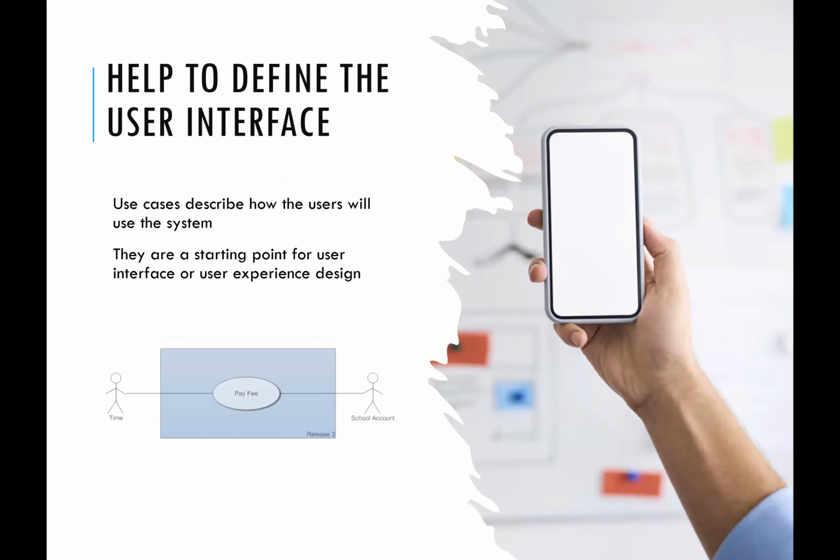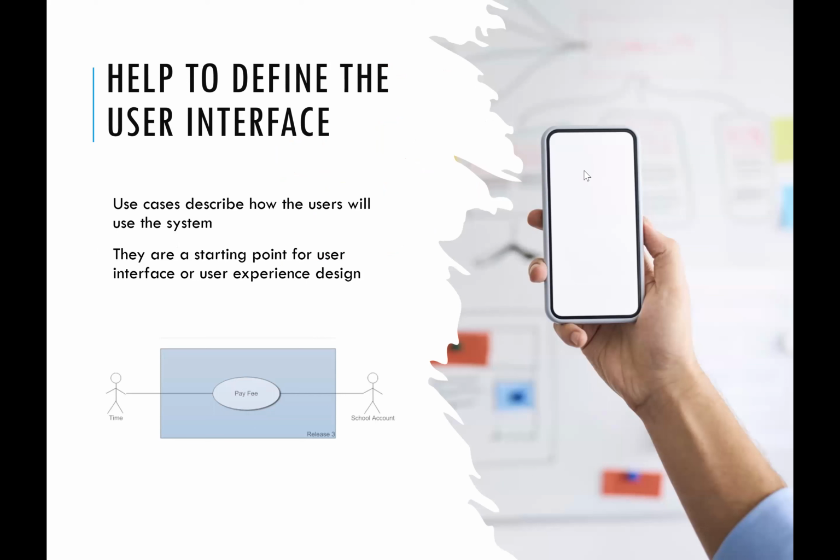Now, your use cases also help us define the user interface. And this is easy to understand. Use cases help us define user interface. User interface is what the user will see, right? The part of the software a user will interact with.